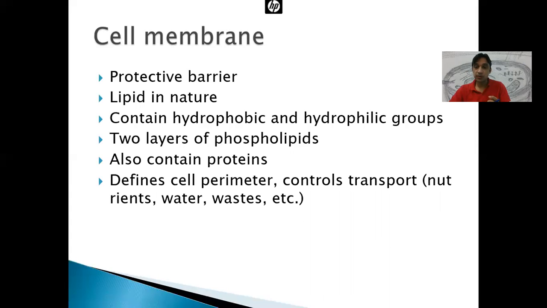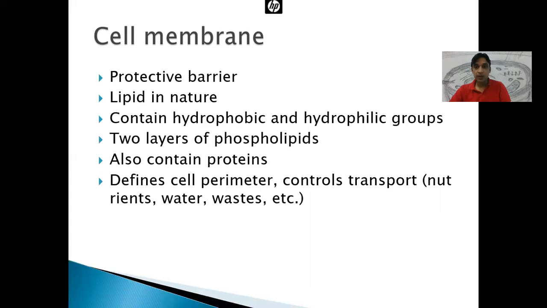It controls how much water should be transported within the cell or outside the cell, how the waste products will be excreted outside the cells, and how other nutrients can be transported within the cells. There are definite mechanisms which define the flow of these things into and outside the cell.